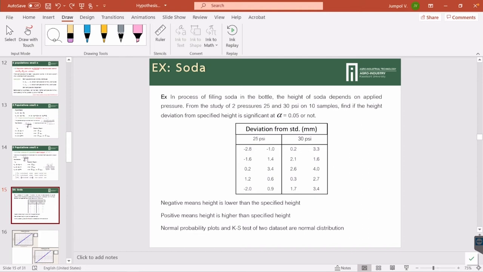If we have a minus, it means that the height is lower than the specified height.